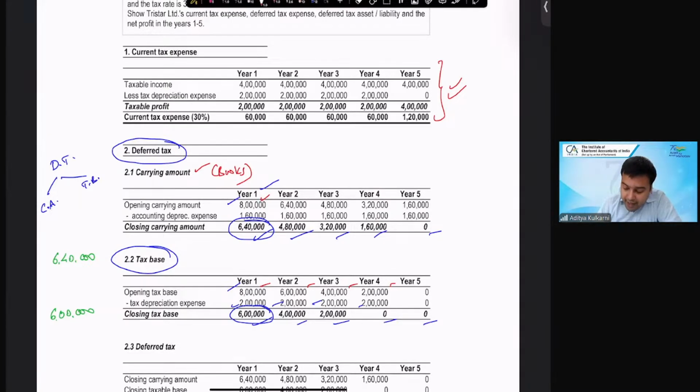So now I have two sets of figures. One is closing carrying amount as per the books. The other is closing tax base. Just a minute, please.